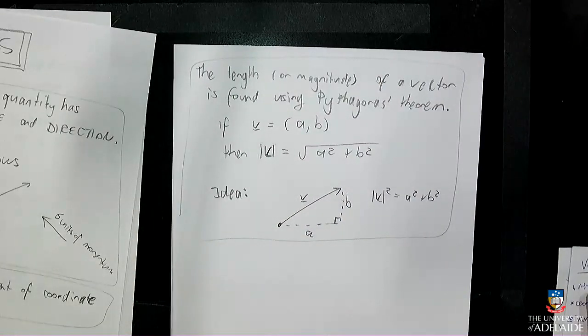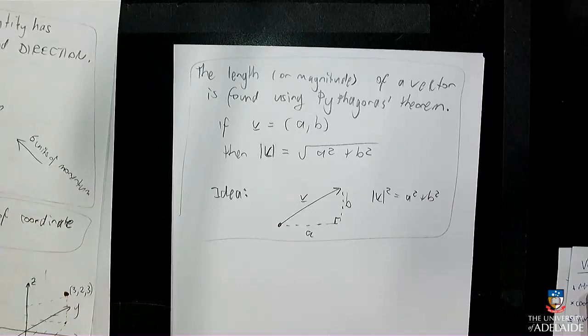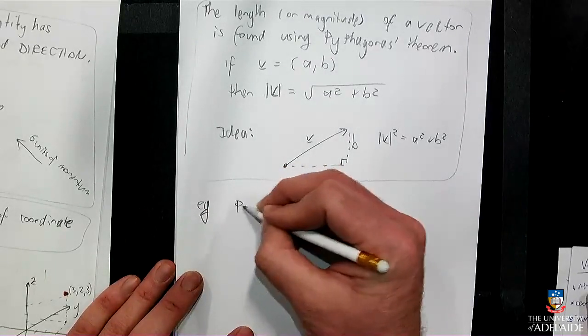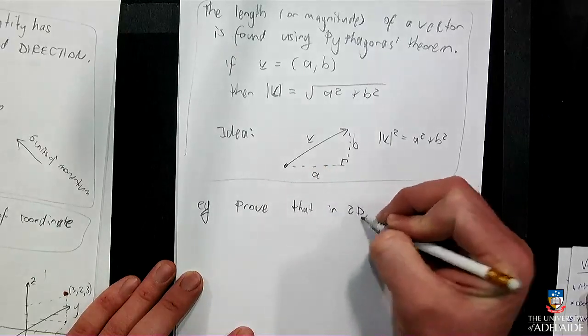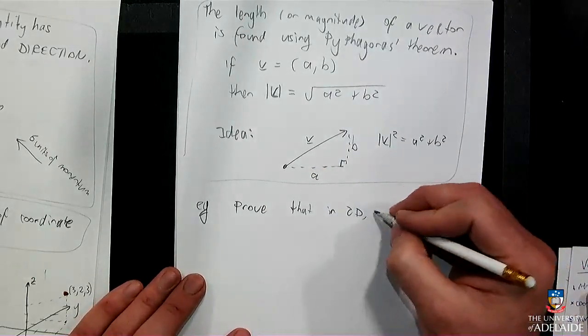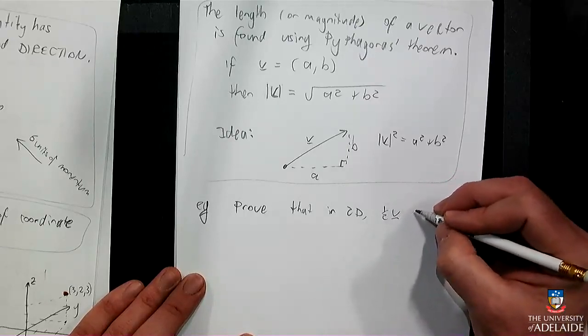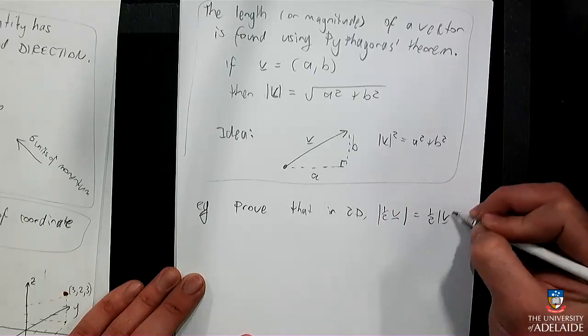Okay. So if I want a vector that's half as long, I multiply by a half, and that should produce a vector with literally half the length. So let's give it a go. I just want to prove it. Let's do it as a little proof. Prove that in 2D, the length of half of v is half of the length of v.